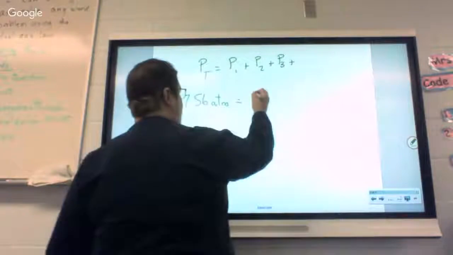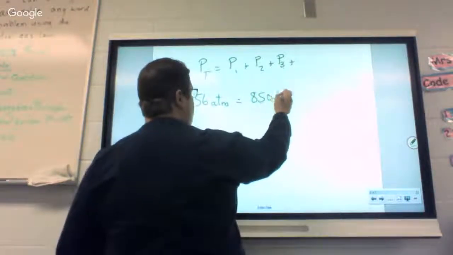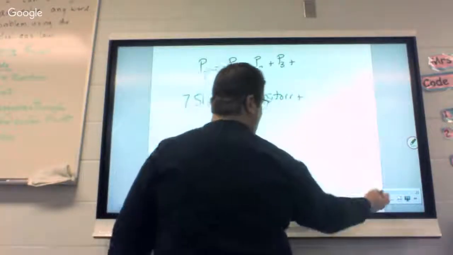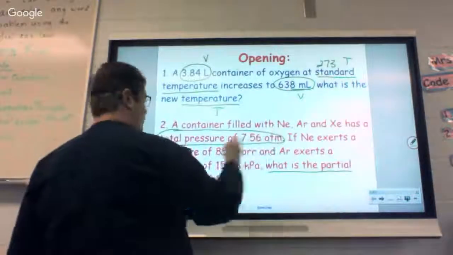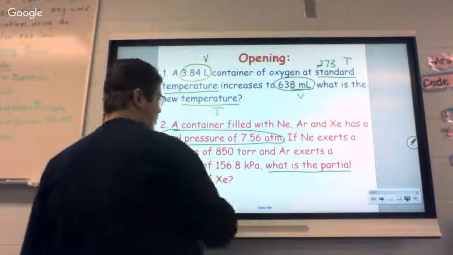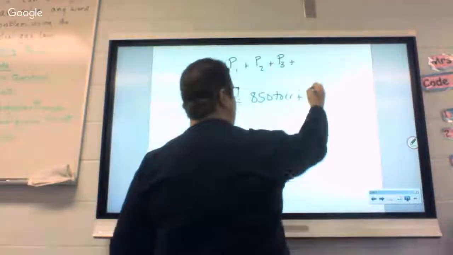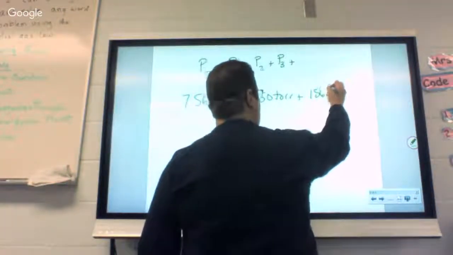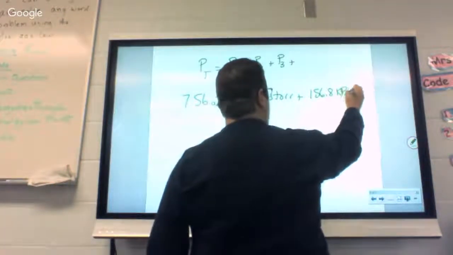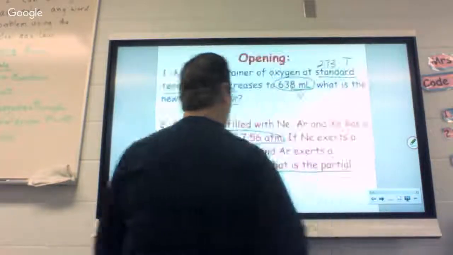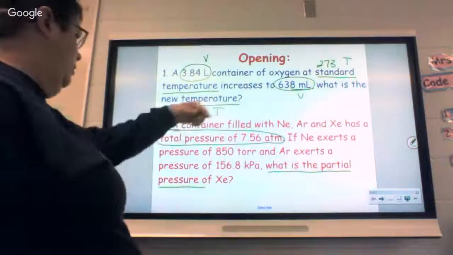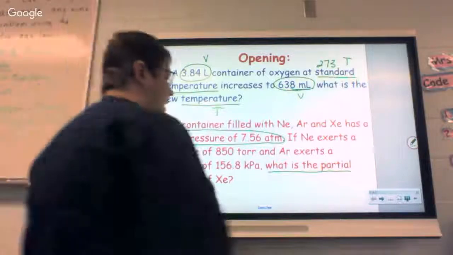So that has to be one of my partial. Plus, if I keep reading, I have 156.8 kPa. And then it asks me what's the partial pressure of xenon, I think. What's the partial pressure of xenon?